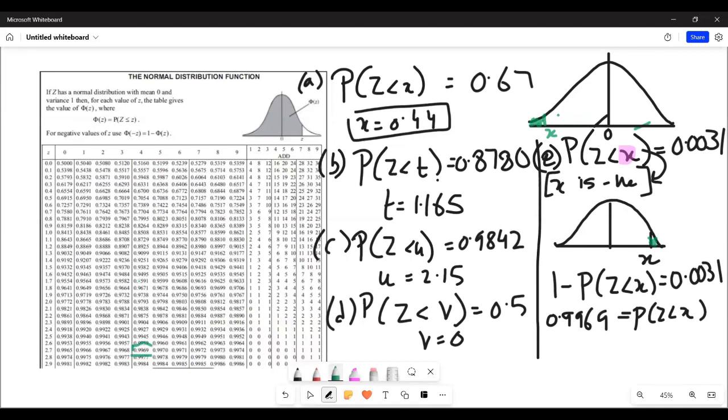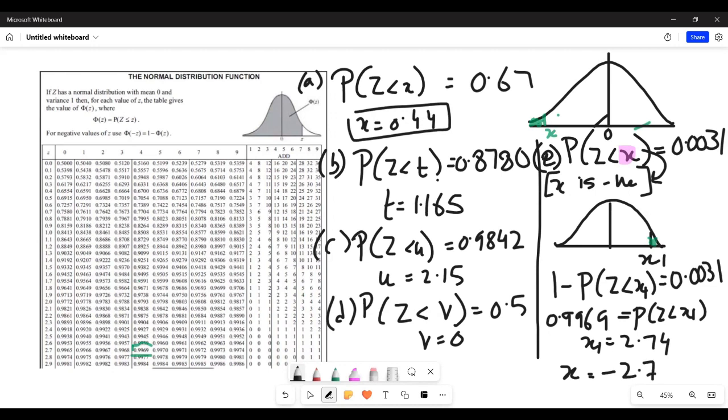So x is 2.74. In fact, I think we should call this x1 because this is positive. So then the original x is going to be the same value, but with the negative sign, minus 2.74. This should be the final answer.